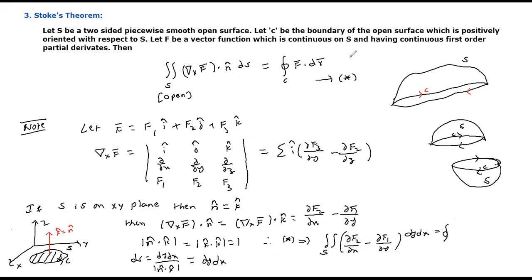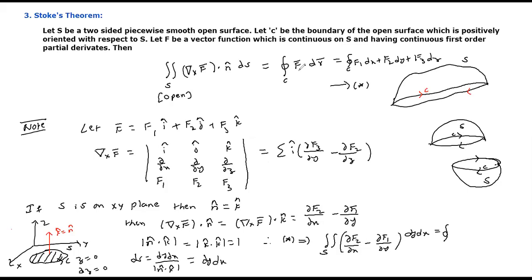Now what is f bar dot dr bar? Actually f1 dx plus f2 dy plus f3 dz. Do you agree? Now what is this? Our surface is on the xy plane. On the xy plane, z equal to 0. When z equal to 0, dz equal to 0.